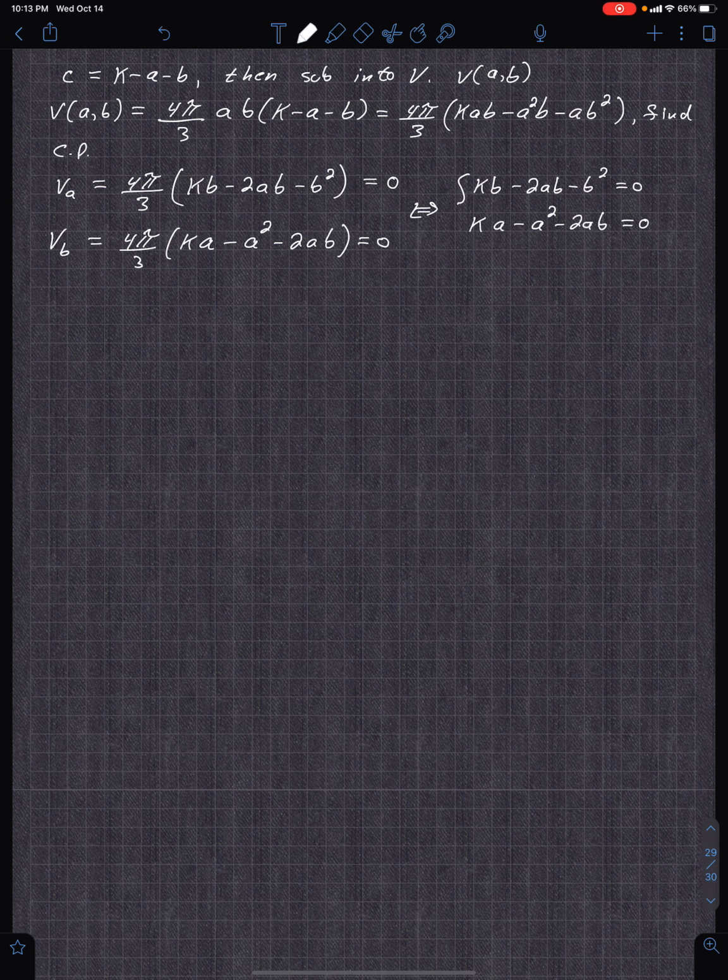There's the system that we want to solve. We can factor out a b, so we have b times k minus 2a minus b. And then we can factor out an a. We have a times k minus a minus 2b.